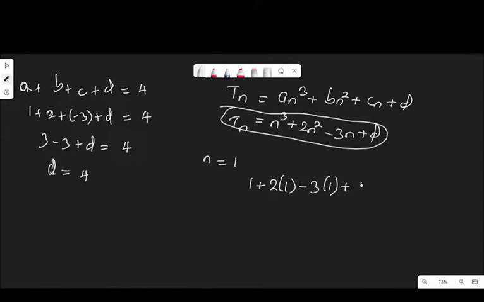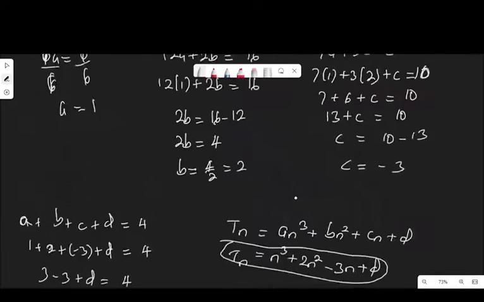D is 4. That is 2 plus 1, 3, minus 3 is 0, 0 plus 4 is 4. Okay, it agrees with the first term.